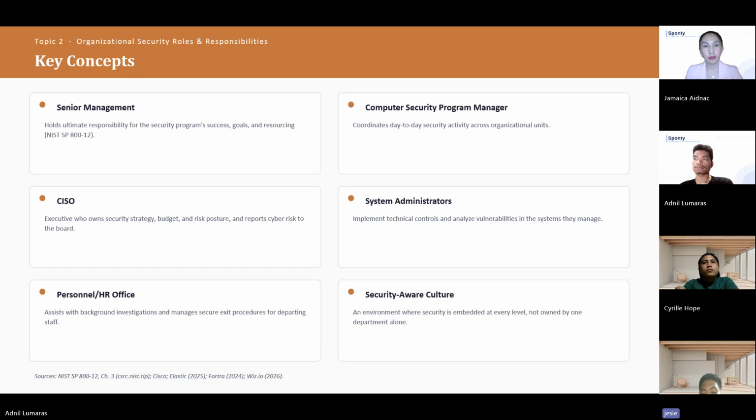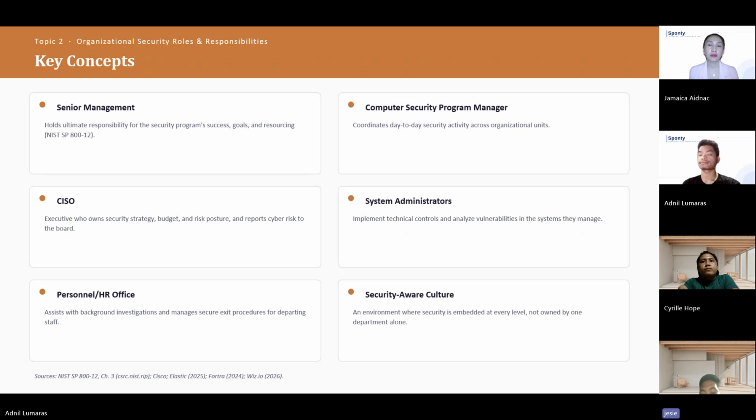It is worth noting that these specialist roles are often where policy meets reality. A password policy is only as effective as the system administrator who configures the authentication system to enforce it, and a written incident response procedure is only as effective as the technical staff who actually execute it during an event.